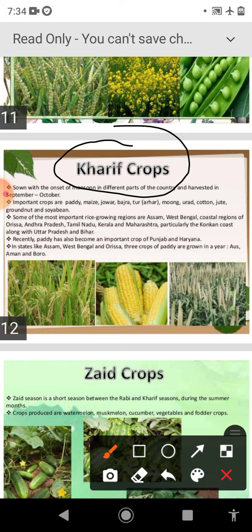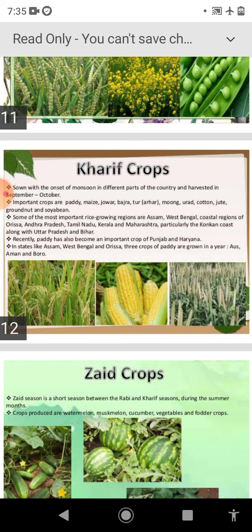In recent years, paddy has also been cultivated under irrigation in Punjab and Haryana, while the states of Assam, Bengal, and Odisha have introduced three crops in a year. The three crops of paddy are Aus, Aman, and Boro.